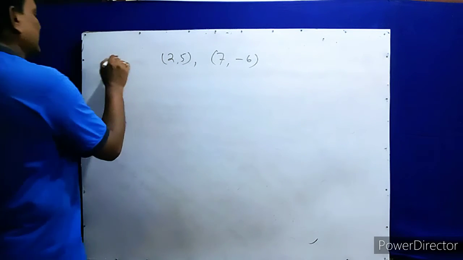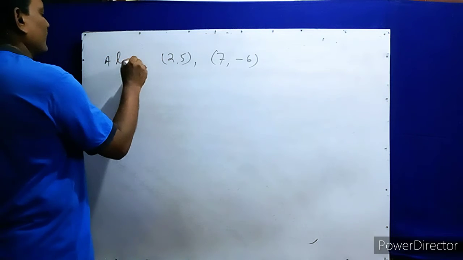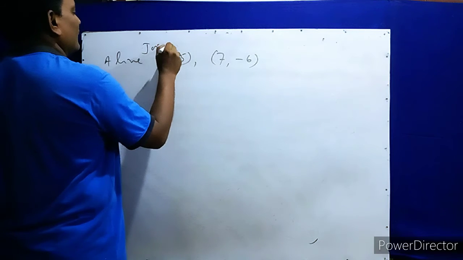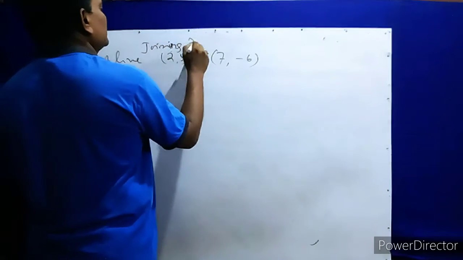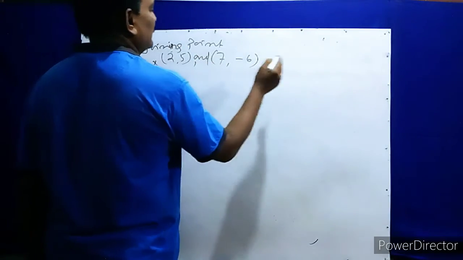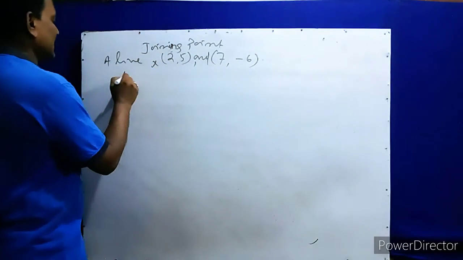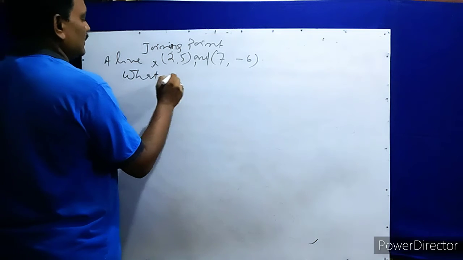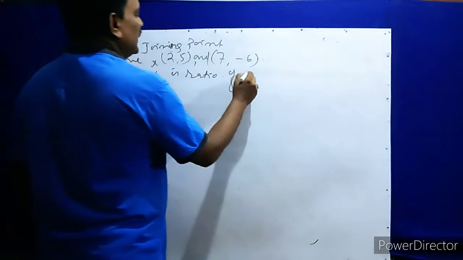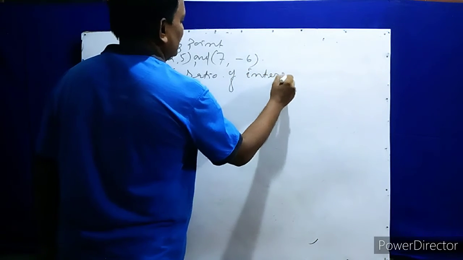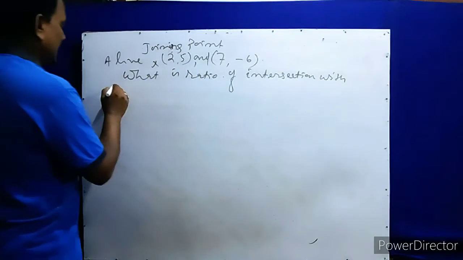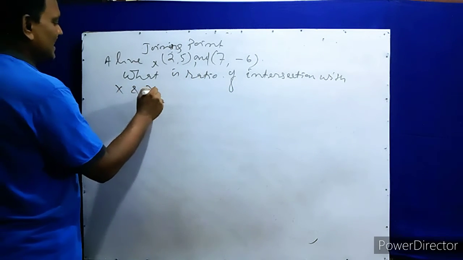So a line joining these points, what is the ratio of intersection with the x and y axis?